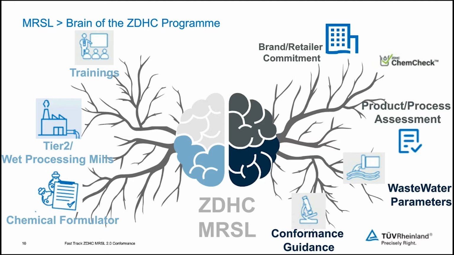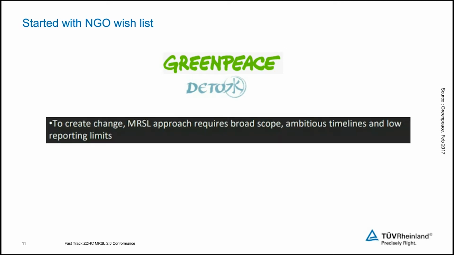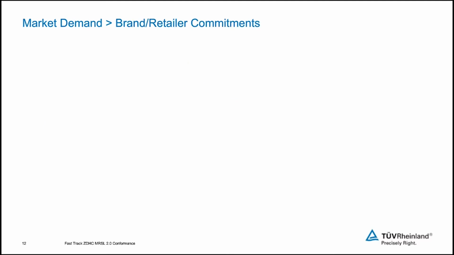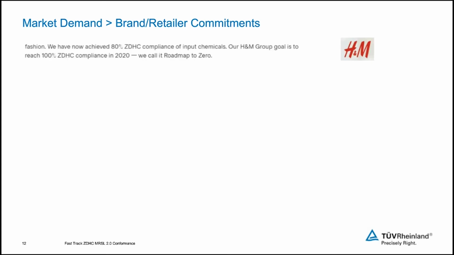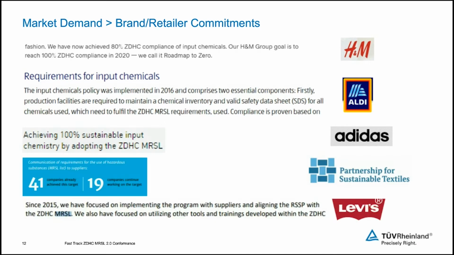As we see, it all started off with demands from NGOs that any kind of MRSL go beyond the legal requirements, that it be widely adopted, and that it be ambitious. This then led to major brands, retailers, and also associations like the Textile Partnership in Germany adopting the MRSL requirements with clear targets.